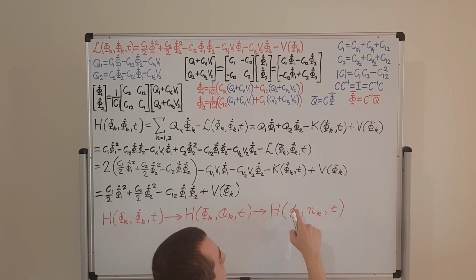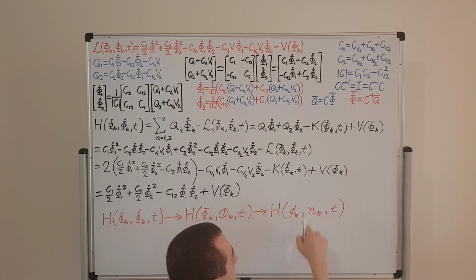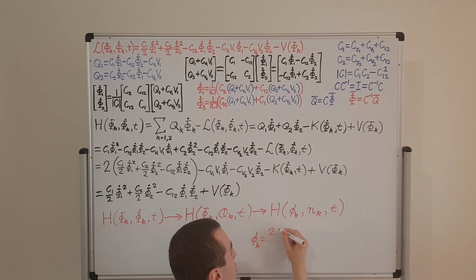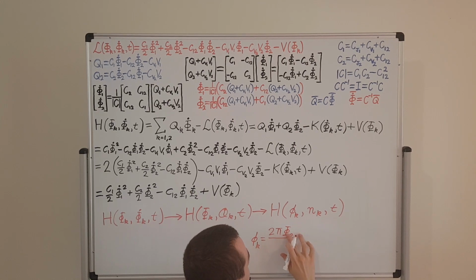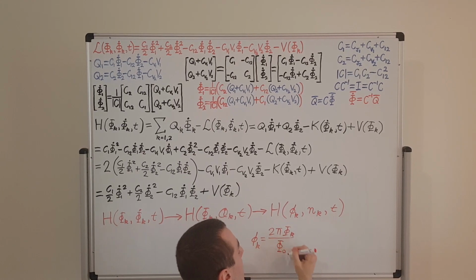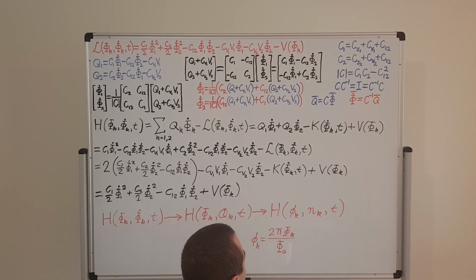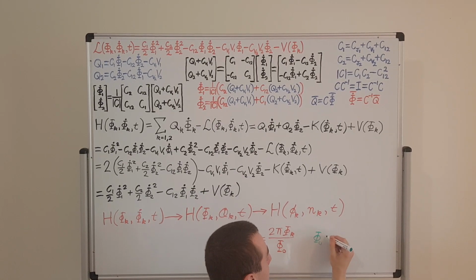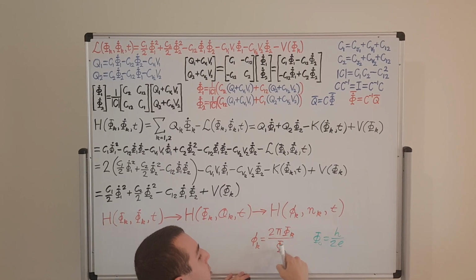So this phi over here is actually a condensed notation for the combination 2 pi phi k over phi naught. And phi naught is the flux quantum. The flux quantum is Planck's constant over twice the charge of the electron. That's what this phi naught is.